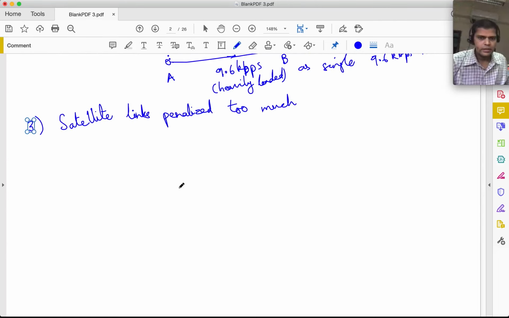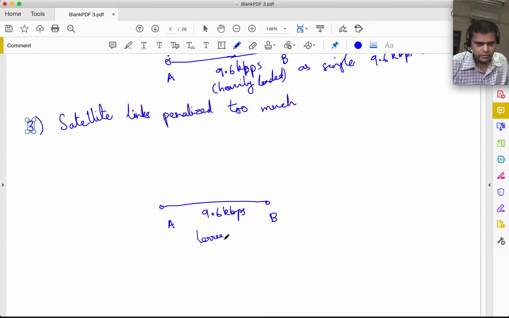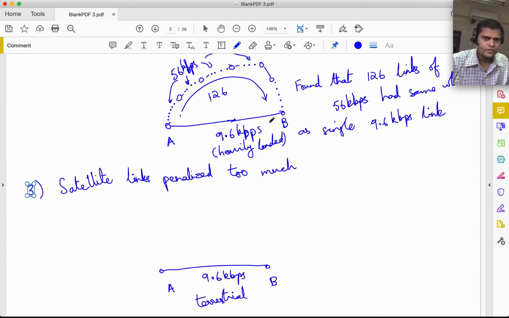So now let's say that we look at a different scenario where A and B have, let's say, a 9.6 kbps terrestrial link. Here of course we are assuming the same type. If this is terrestrial, these are also terrestrial and so on.